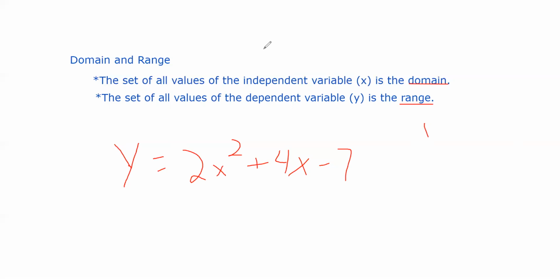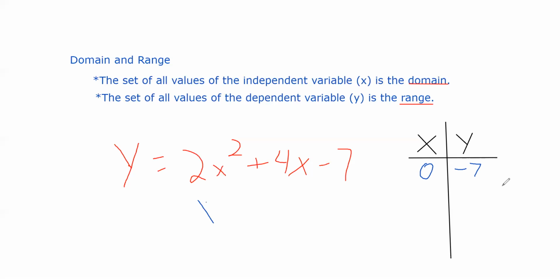You can pick any x value you want. So hey, why not pick x equals 0? You plug a 0 into this, you'd get 0 here, then you'd just be left with the negative 7. So when you plug a 0 in for x, you get a negative 7 for y.